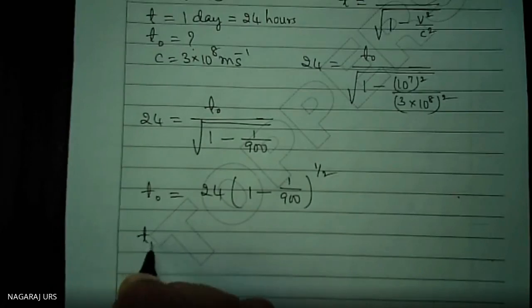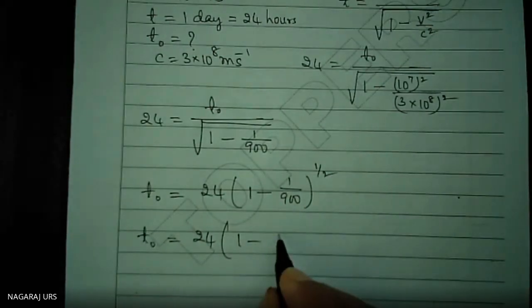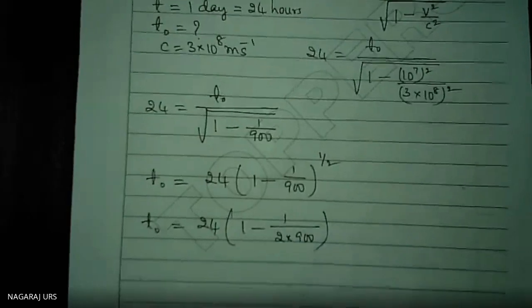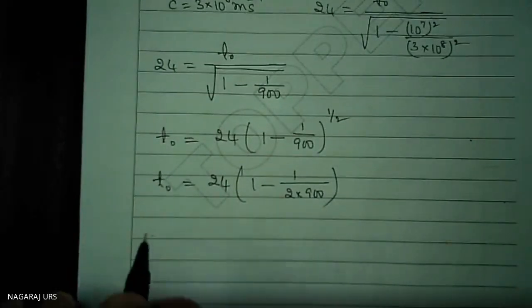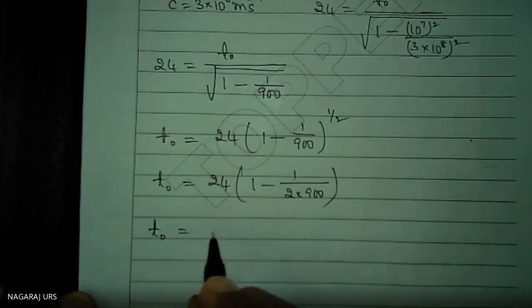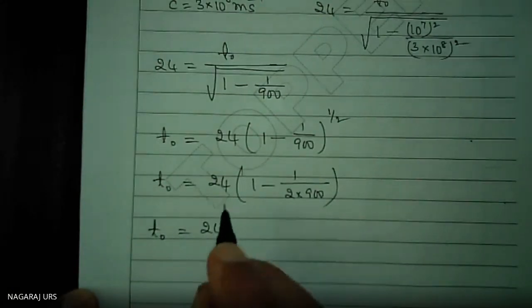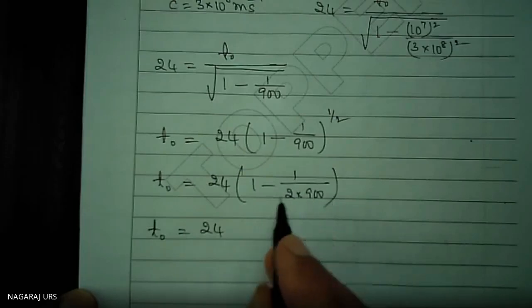So therefore, T naught is equal to 24 into 1 minus, I can take it inside here. Therefore, T naught is equal to 24 into 1 minus this.